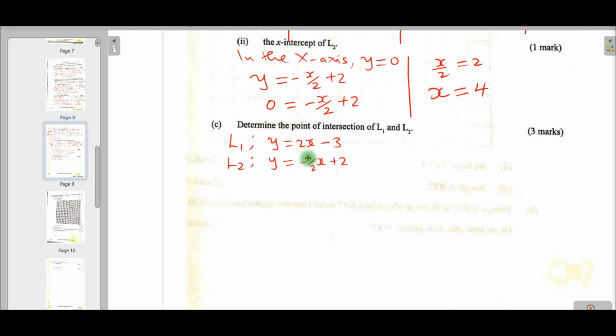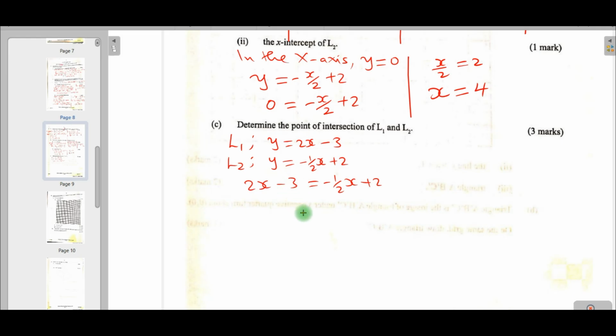So we need to solve this simultaneous equation, and therefore we equate the two equations. Since the left hand side is equal, we equate the right hand side, and therefore we are going to get 2x minus 3 will be equal to minus a half x plus 2.